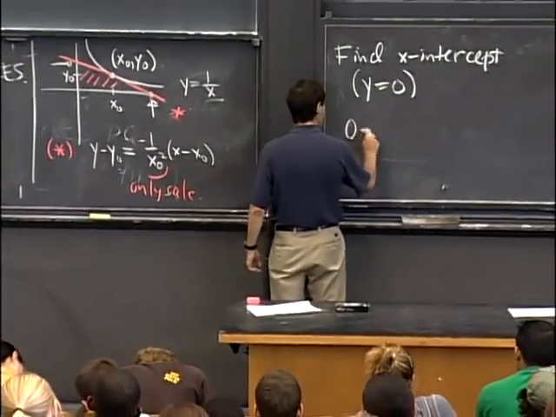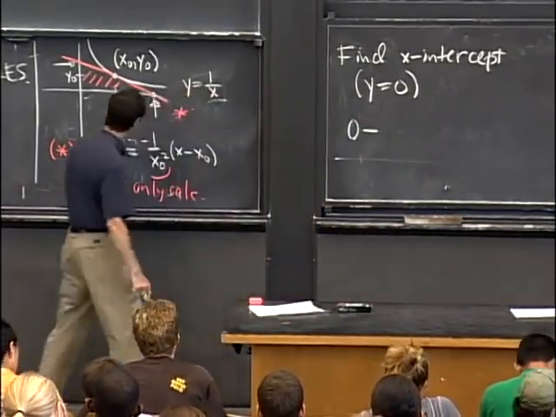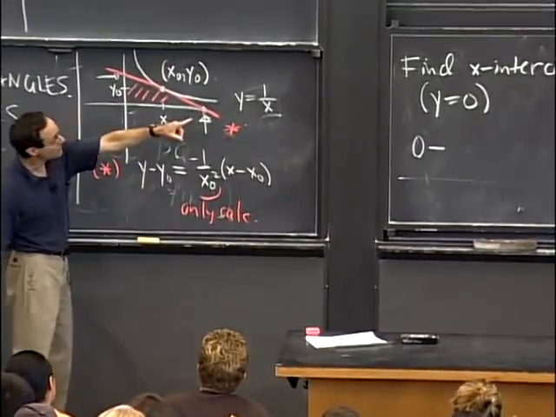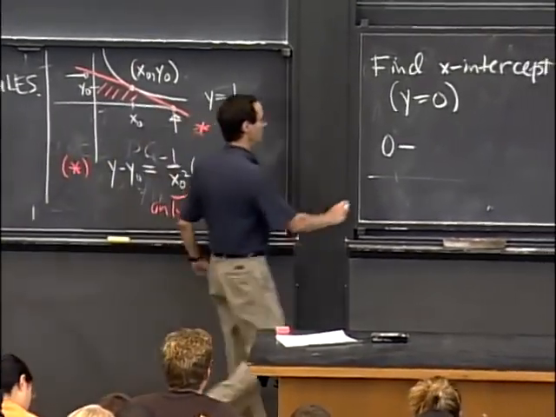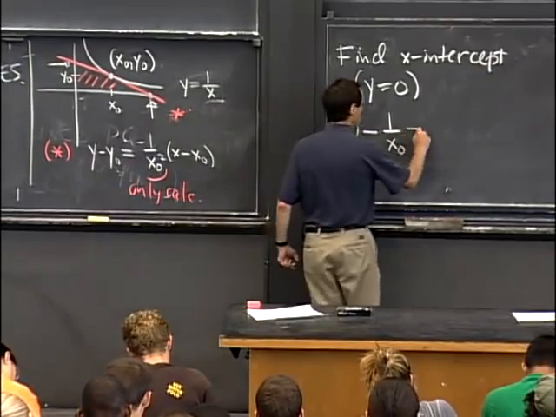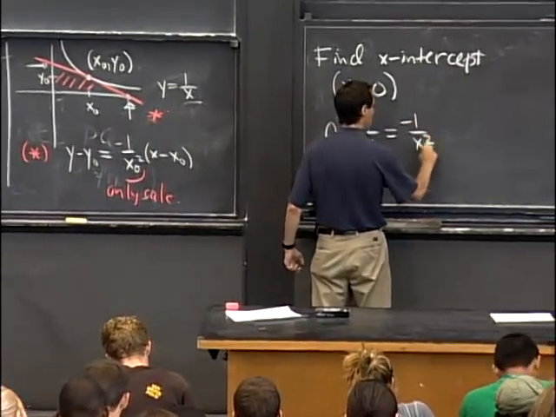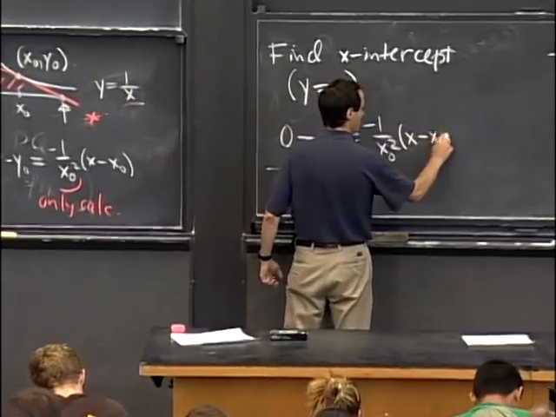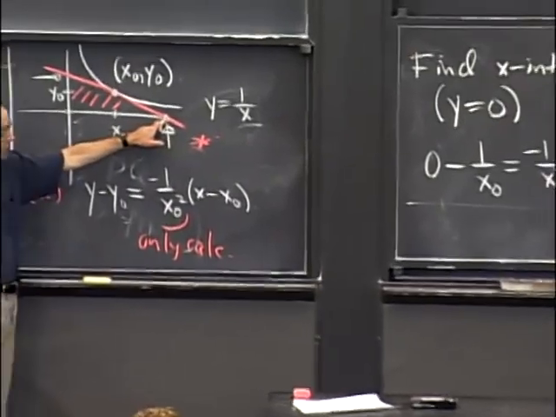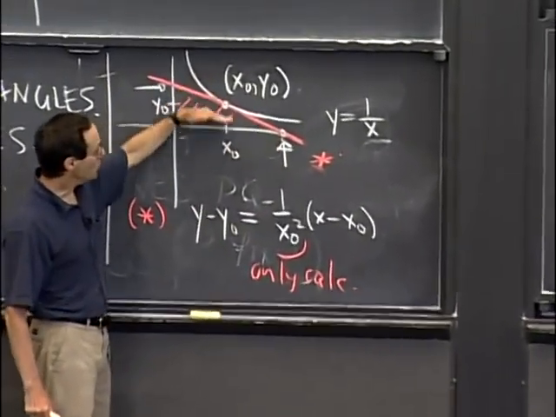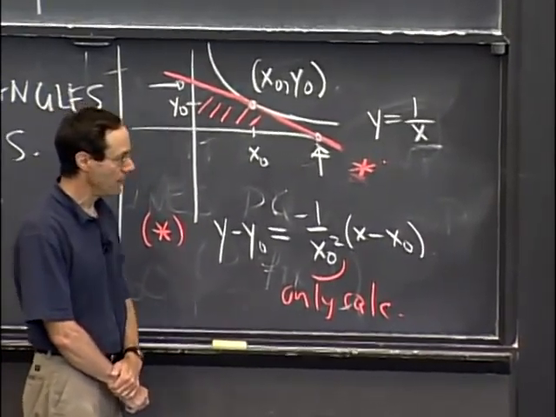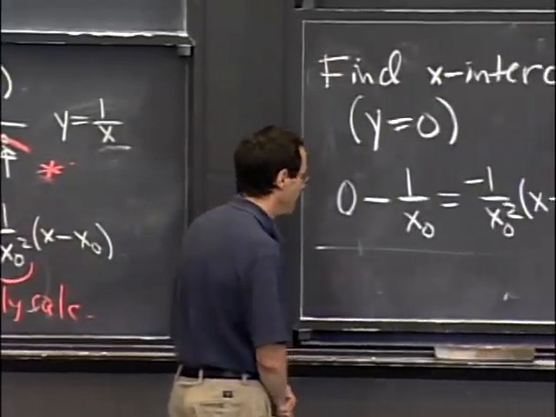So let's do that into star. So we get 0 minus, one other thing we need to know. We know that y0 is f of x0, and f of x is 1 over x. So this thing is 1 over x0. Right? And that's equal to minus 1 over x0 squared, and here's x, and here's x0. All right? So in order to find this x value, I have to plug in one equation into the other. So this simplifies a bit.